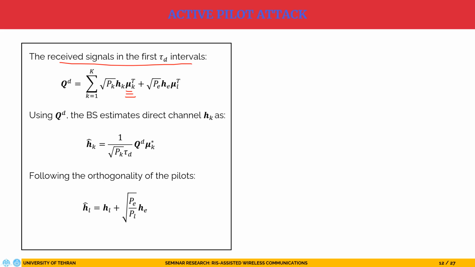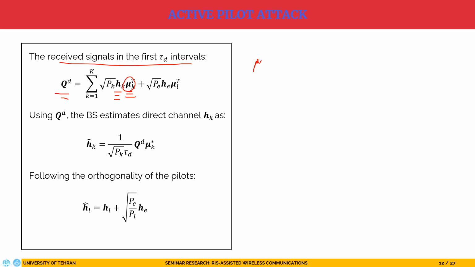This is the pilot signal corresponding to user K, this is the channel, and this is the signal received from user K and also the active eavesdropper. The base station estimates the channel here by using this pilot signal and the orthogonality between the pilot signals.